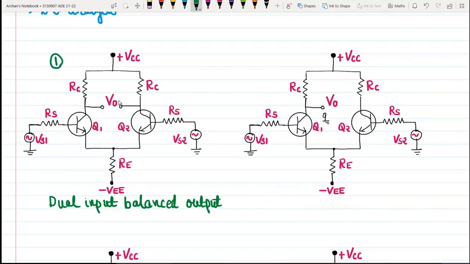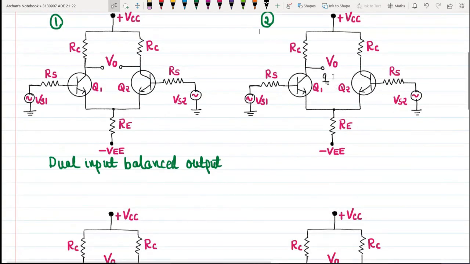Now we have the second configuration. This is my first kind of configuration, and let us talk about the second configuration. Here you can see we are providing input at both the ends, at the base of the transistors Q1 and Q2. So definitely this is our dual input configuration. But now if you see the output, here I am measuring the output between any one of the collector terminals with respect to ground. So this kind of configuration is known as unbalanced output.